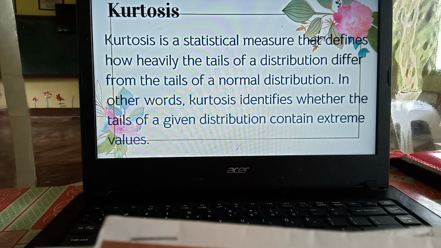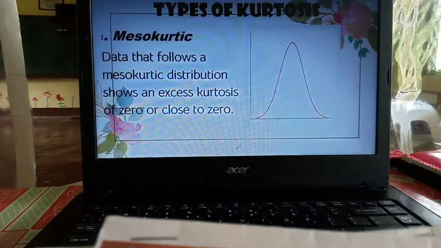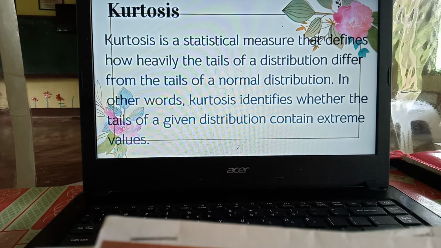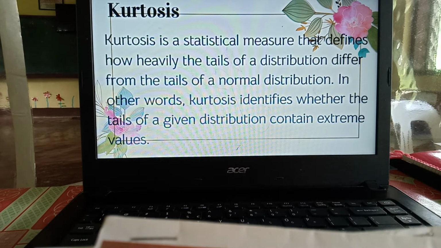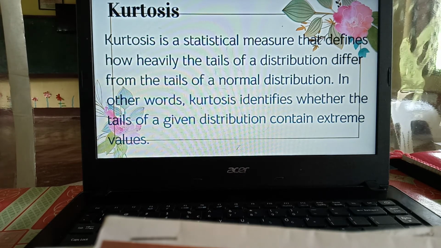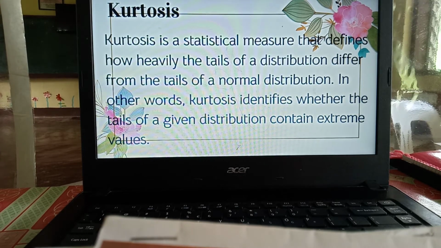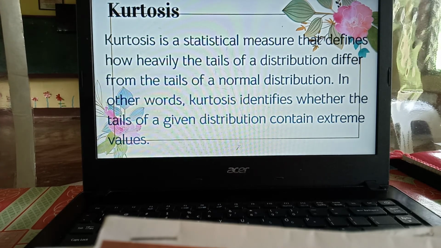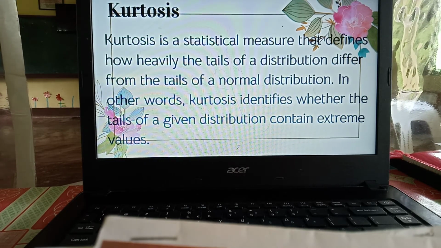In other words, kurtosis identifies whether the tails of a given distribution contain extreme values. Along with skewness, kurtosis is an important descriptive statistic of data distribution. However, these two concepts must not be confused with each other. Skewness essentially measures the symmetry of the distribution, while kurtosis determines the heaviness of the distribution tail.